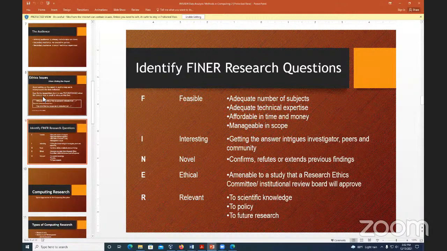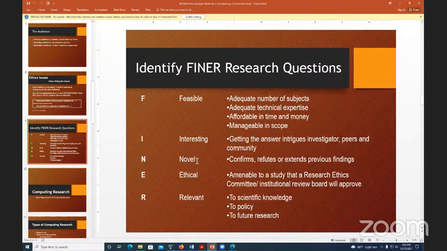As a side note, not that it's going to be tested particularly, when you're thinking of your research questions for your major project going forward, you want to make sure the project must be feasible and interesting. If it's not interesting, it's going to be a pain in the everything to finish a project. It's good if the project is novel, it must be ethical, and it's very useful to be relevant.